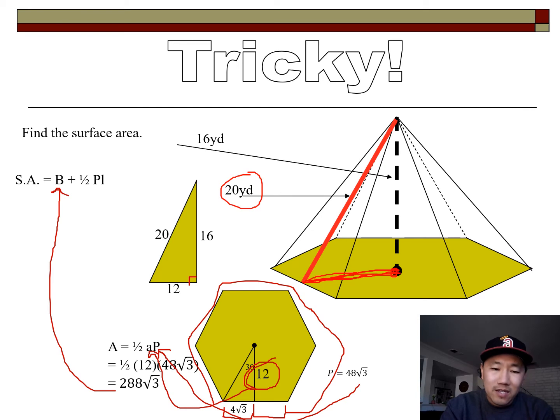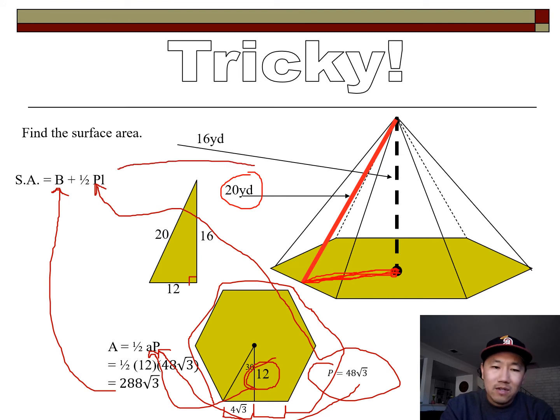We also did the P, the same P right here also goes into there. And then the fancy L, that was the lateral height, that goes into there. So we actually found everything we need. Okay, fill it in.